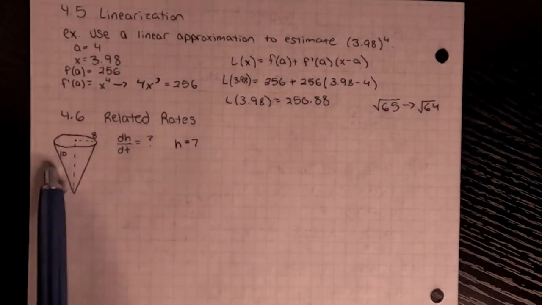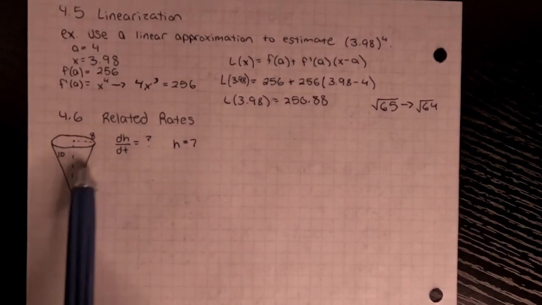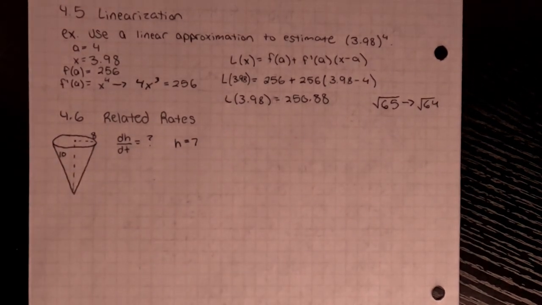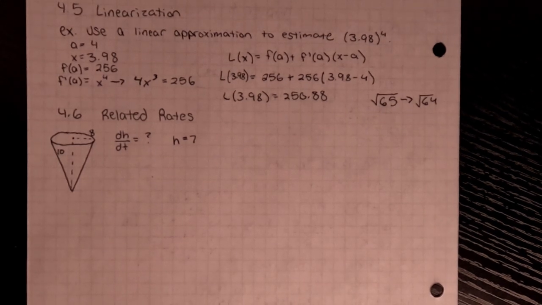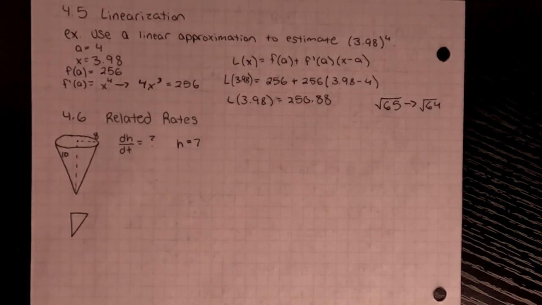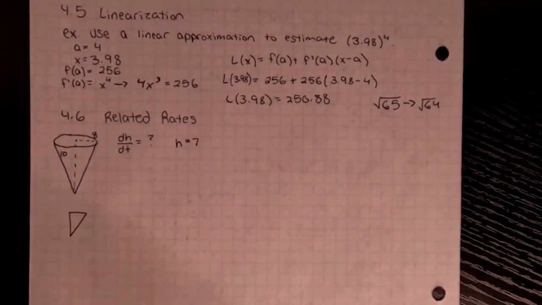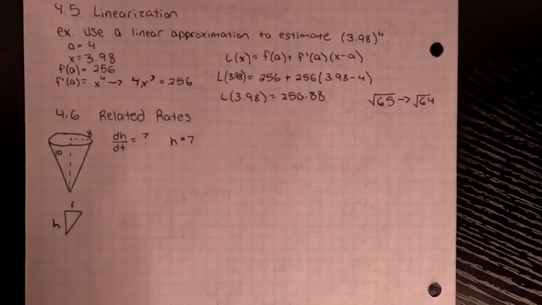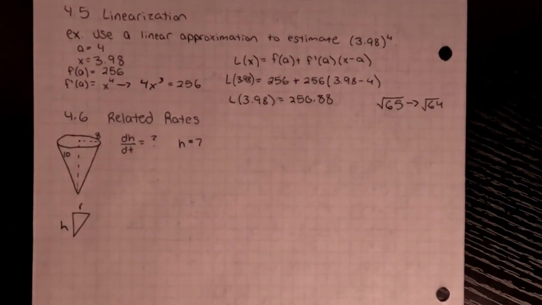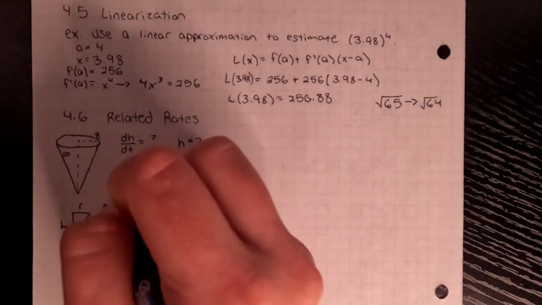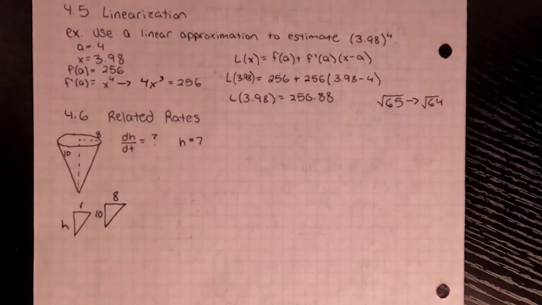And if you look at our little tank here, our radius and our height makes a triangle. So what does that mean? Pythagorean theorem. I'm just kidding. No, it doesn't. It means geometry. So this is your R and this is your H. And this is our original triangle.